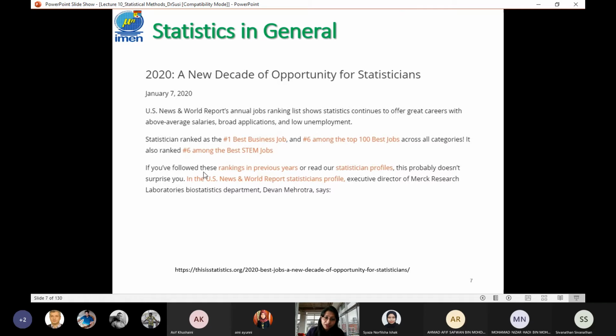If you have looked at the rankings in previous years, it's because of IR 4.0 and the amount of data that is available now. So statisticians are really in demand. If you have the skill of being good in statistics, it is an added advantage. It's definitely an added skill for you.